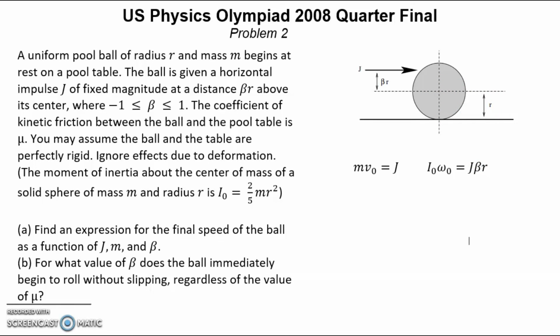And now we can calculate v0 and omega0. So for the body not to slide, we have v0 equals omega0 r, and now we can put omega here and find beta. Finally, we find that beta equals 2/5.